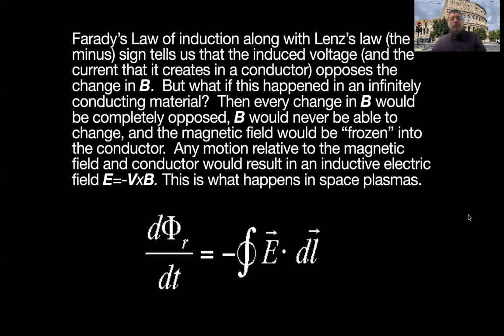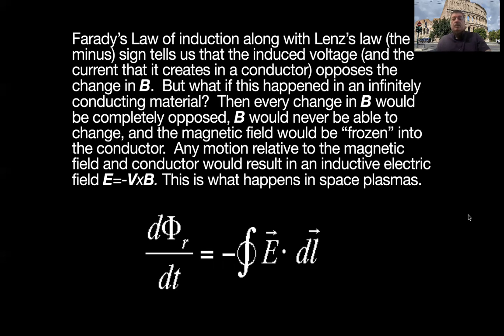And any motion relative to the magnetic field in the conductor would result in an inductive electric field that just opposes the change. And that's what happens in space plasmas, is that the particles in a plasma, the protons and electrons primarily, are free to move. And so it's essentially like infinite conductivity.